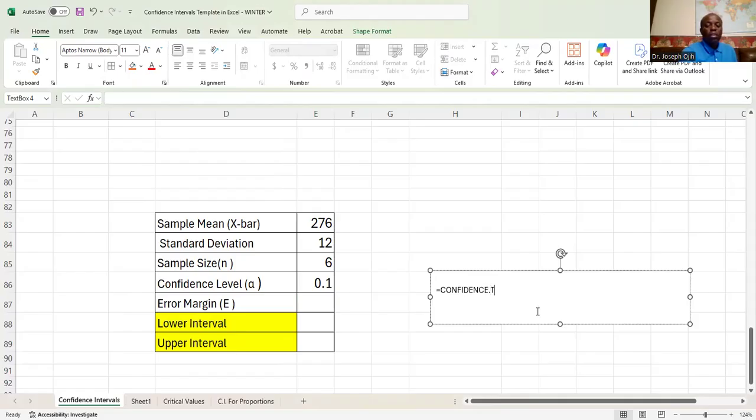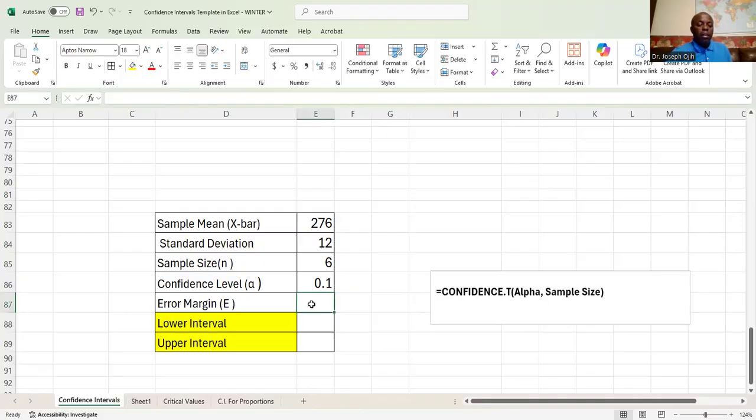Okay, dot T. And alpha, comma, sample size. So I'm going to put it right here.